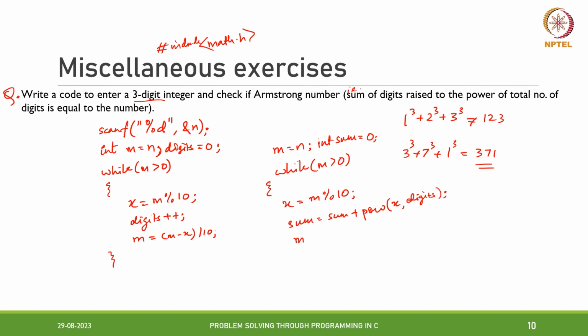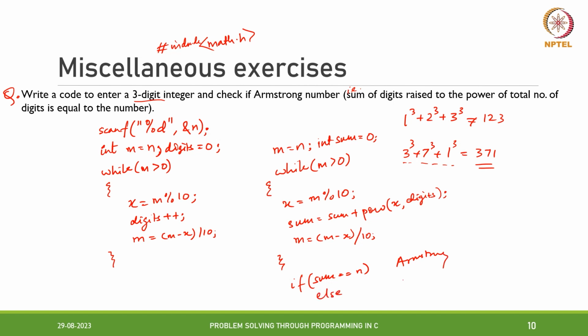Now after I do that, I do m equals m minus x by 10. So after this loop is over, the sum basically has what it gives me. So I check if sum equals n, then it is an Armstrong number, right?